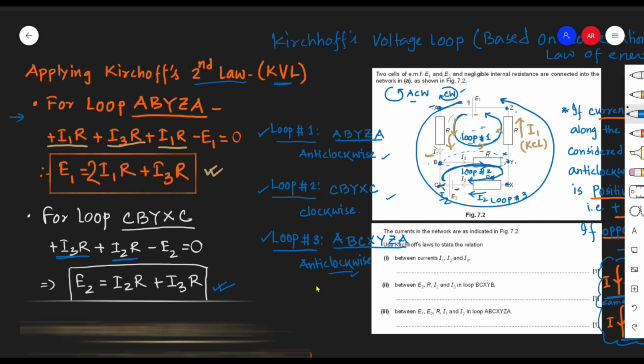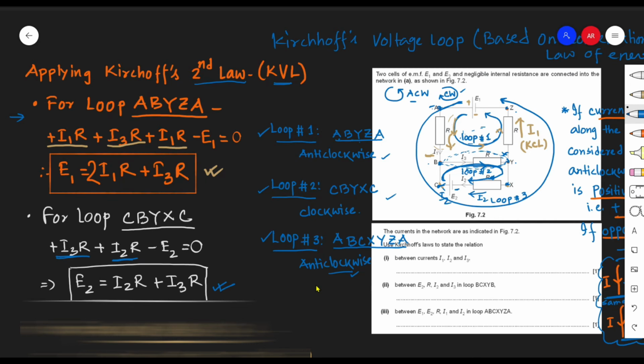When we consider this loop A, B, C, X, Y, Z, A, we are not supposed to consider this BY junction. I repeat, the BY junction is not going to be considered in this third loop. In this loop, you are not going to consider the BY junction.